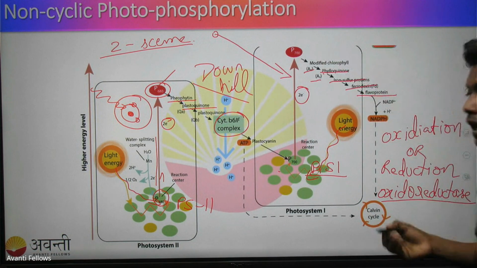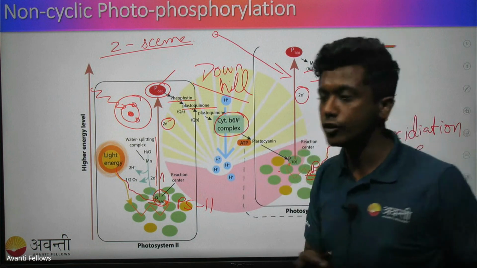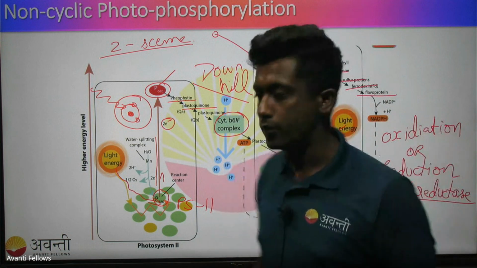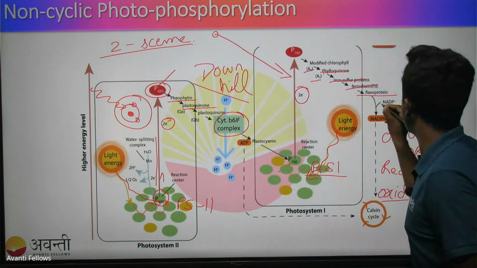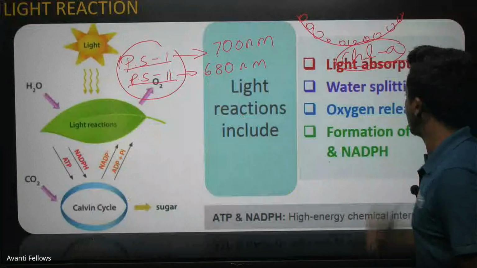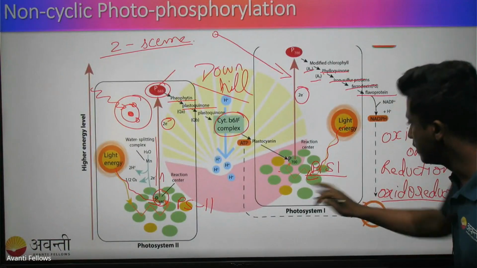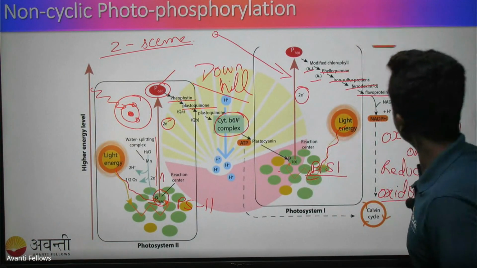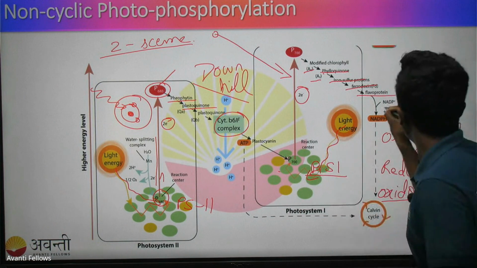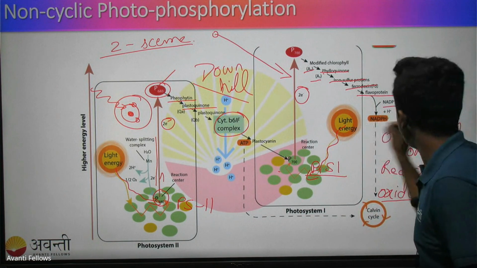These electrons are used for the reduction of a very special component. What is that? That is NADP plus. The electrons that are excited by the P700 are used for reducing NADP plus to NADPH.